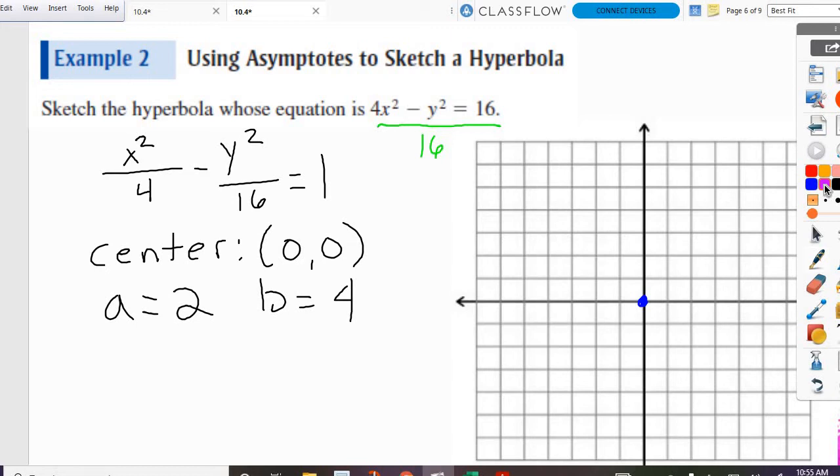Not quite. 2, oh, okay. 2, 0 and negative 2, 0. Why did we choose to go left and right instead of up and down?